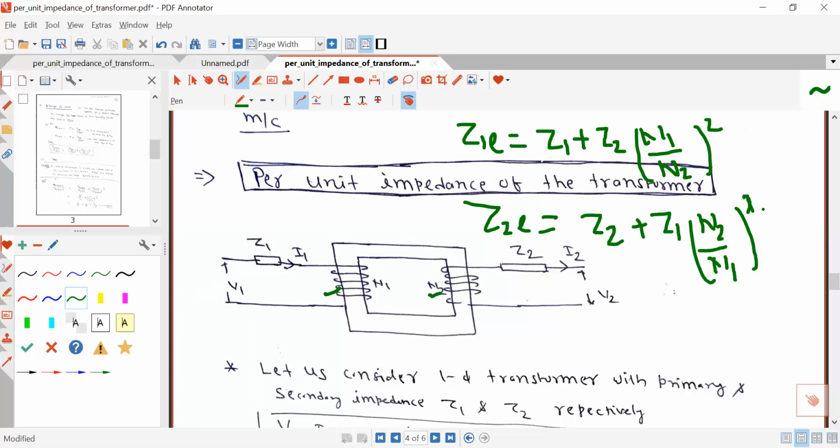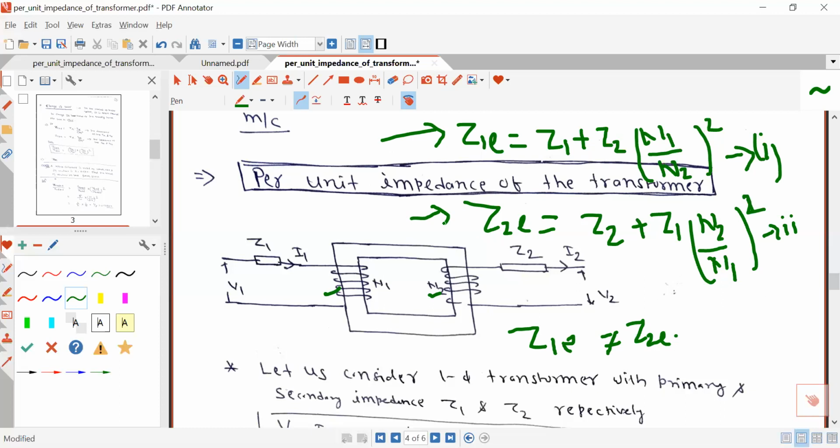And from these two expressions, it is obvious that Z1E and Z2E are not equal. They will be equal only when N1 equals N2, when primary and secondary turns are equal. Otherwise, for a step-up or step-down transformer where N1 and N2 differ, Z1E and Z2E will not be equal.